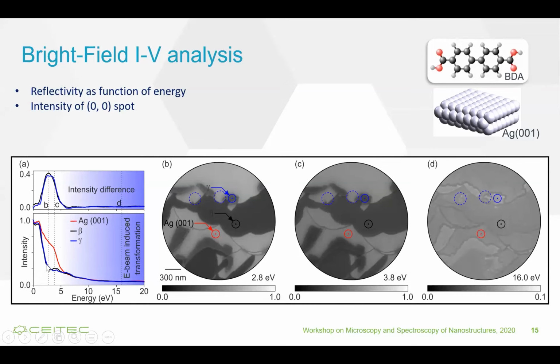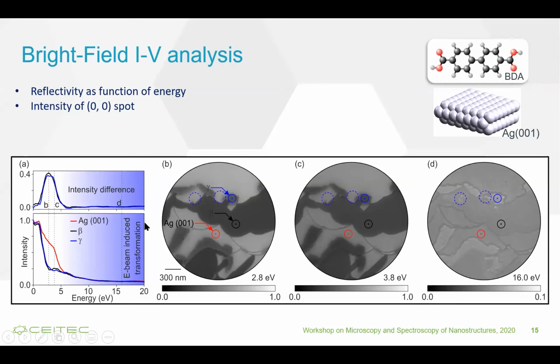For example, here at low energies, the surface is always brighter than the molecular islands. But at certain energies, there is not much contrast and it could even be reversed, like here. So here we see one phase which has similar contrast to the surface. So with this, we can identify the most suitable energies to image the molecular phases.